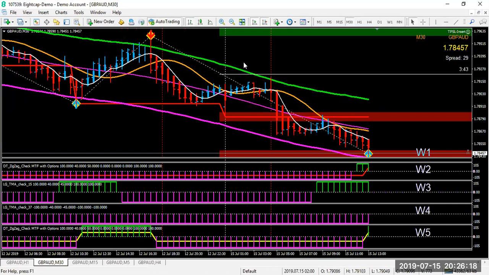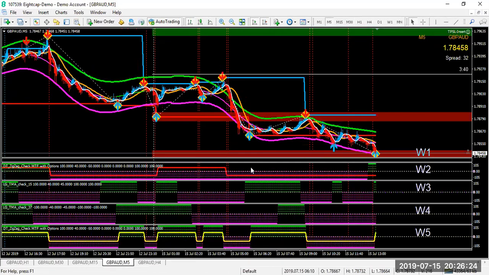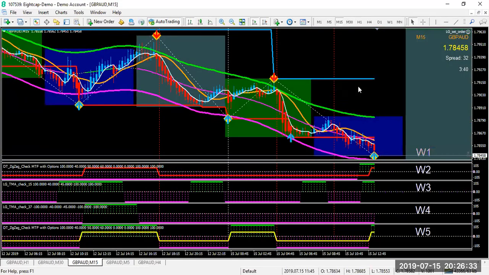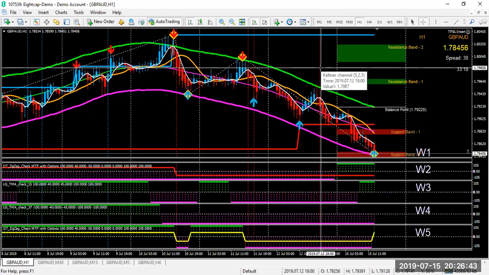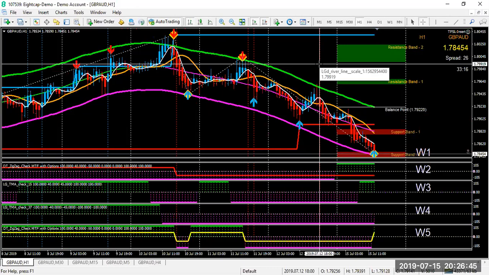So let's see, M30 did one and gave an opportunity then. Simultaneously, the 5-minute chart was working to give you alerts there. The 15-minute gave 2 alerts. The 1 hour didn't give any alerts, but the 1 hour is supporting downward movement.